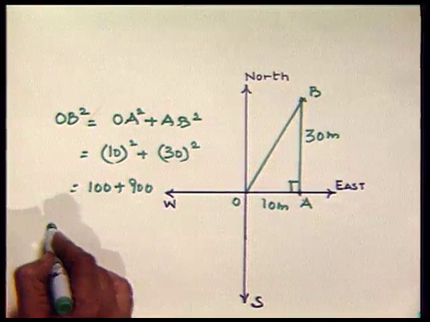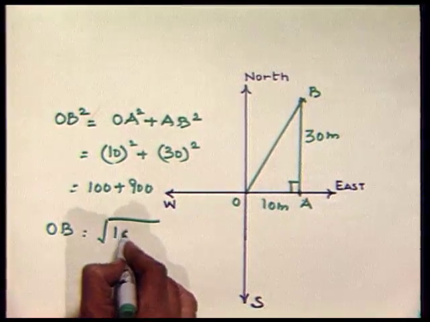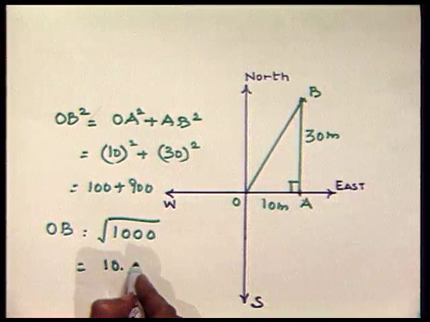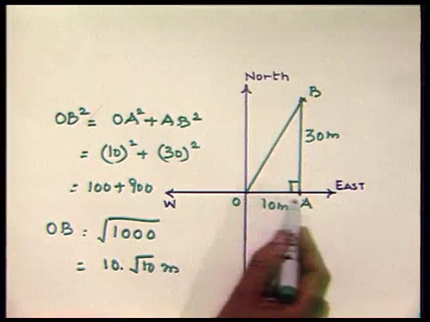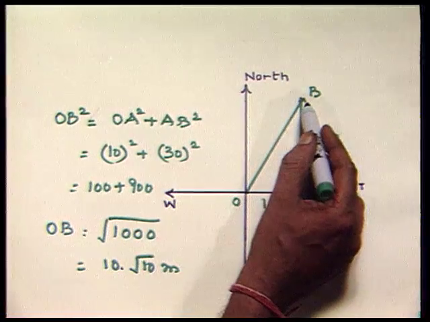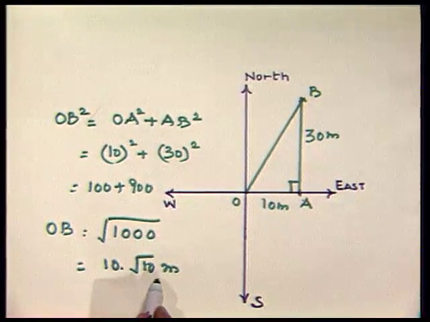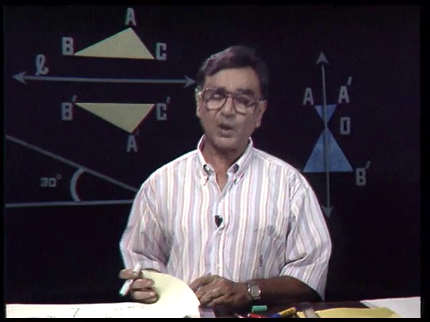So, OB will be equal to square root of 1000, and that is 10 root 10 meters. So, the man who moved first 10 meters towards east and then 30 meters towards north is at a distance of 10 times root 10 meters from his starting place. So, this is how we applied Pythagoras theorem to one of the problems.